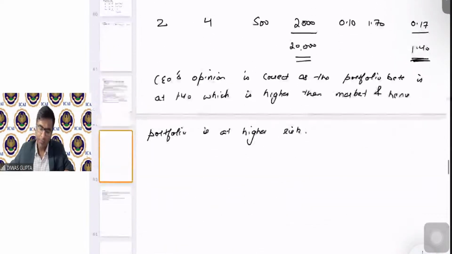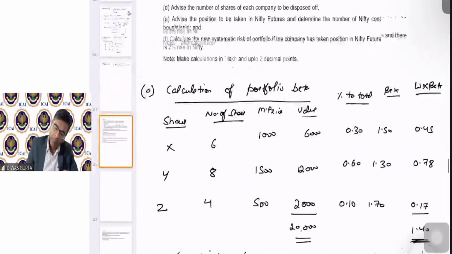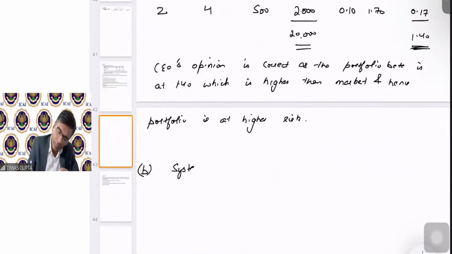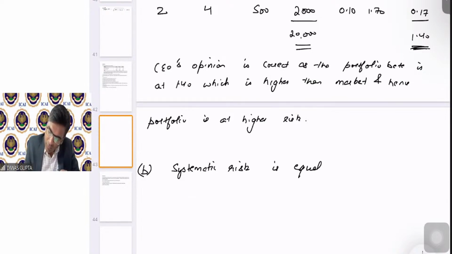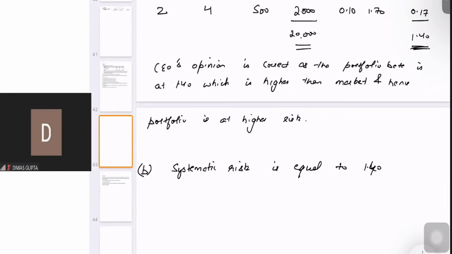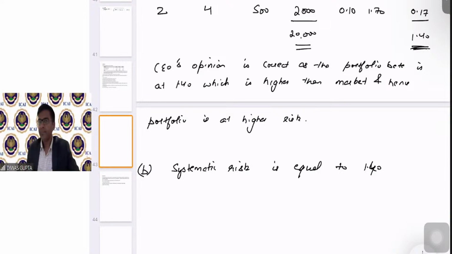Okay, students. So systematic risk is 1.4, again beta.